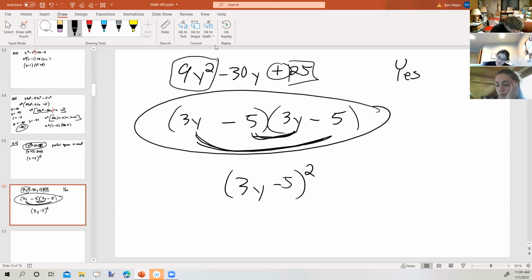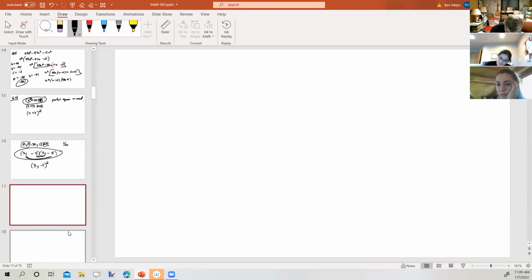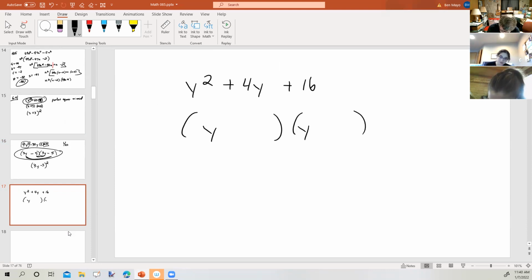All right, let's take a look at another example. Y squared plus 4y plus 16. This is a trinomial in standard form with no greatest common factor, okay? It starts with a square, it ends with a square, and has a plus sign in front of the last term. So it could be a perfect square. The y squared would get broken apart. The 16 would get broken apart.